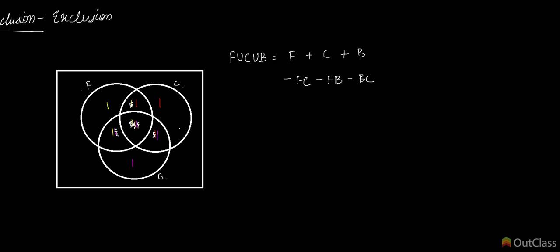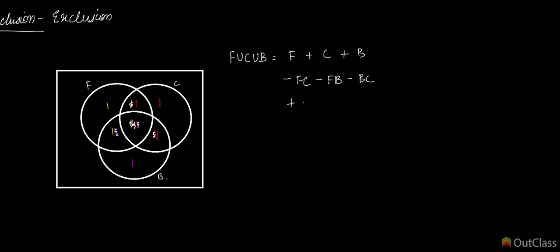So you notice that when you subtract FC and FB and BC, we have taken care of all of the double counts that we had in these regions. That is all fine. The extra, the second count that should have been removed has been removed, but the problem now is in the middle region, there were three, those people are counted thrice, two more times than they should have been, but we subtracted three counts, so we should add it back.